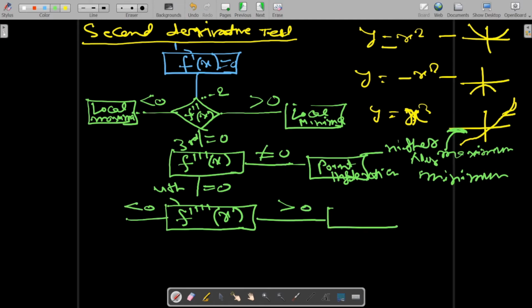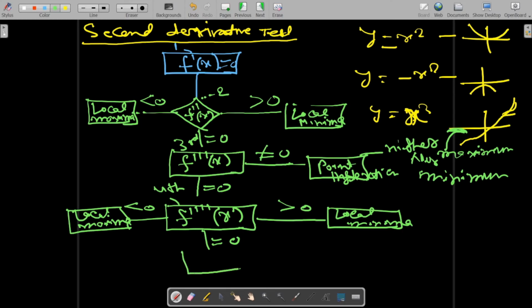If it is greater than 0, then local minima, and if it is less than 0, then local maxima. And if it is giving 0, then again you have to go for the fifth level derivative, 1 2 3 4 5. So this is the fifth level derivative of x.